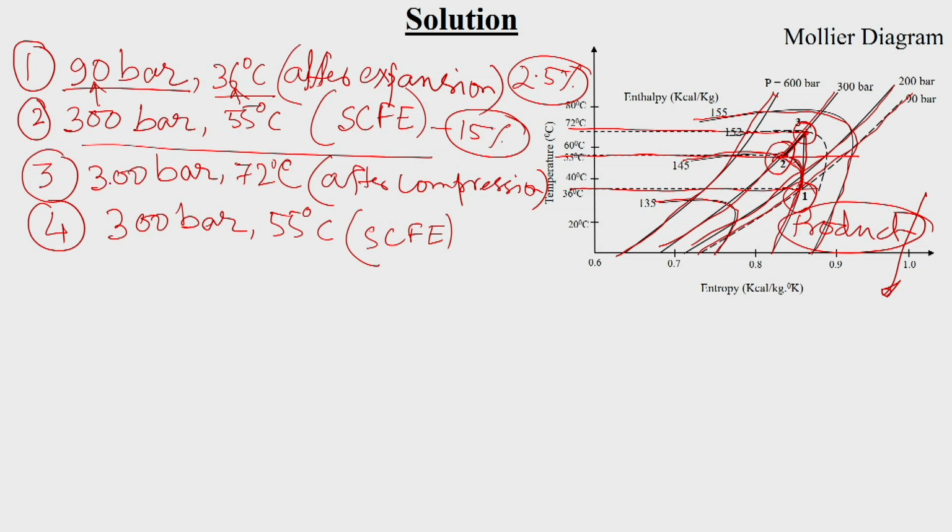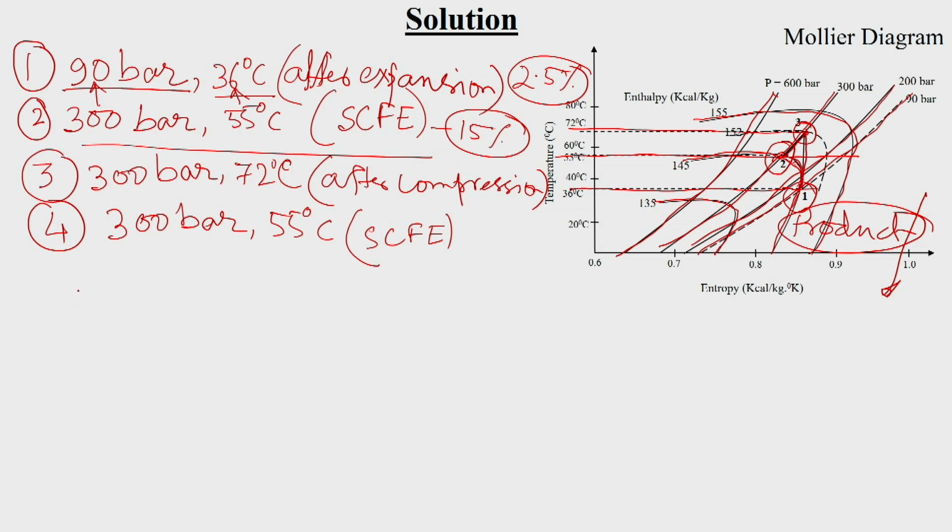From 1 to 3 it is compressed from 90 to 300 bar, and the temperature increases from 36 to 72 degrees Celsius, but the extraction takes place at 55 degrees Celsius, so at the same pressure the temperature is decreased. This is our system.